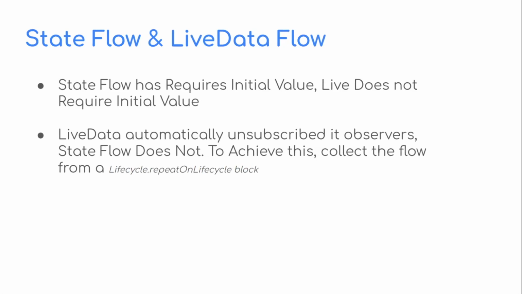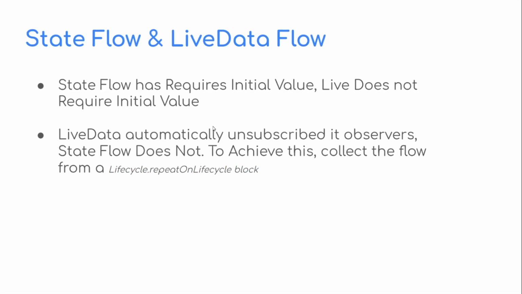So what are the differences between state flow and LiveData? State flow requires an initial value when we are creating it, but LiveData does not have an initial value. Another thing is LiveData automatically subscribes its observers while state flow does not.